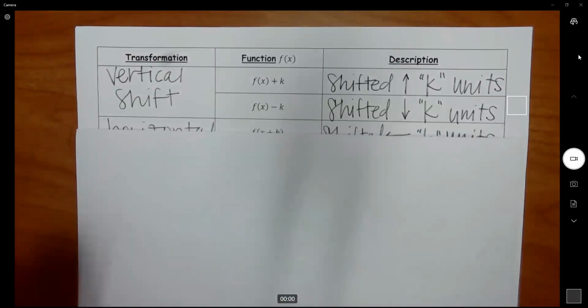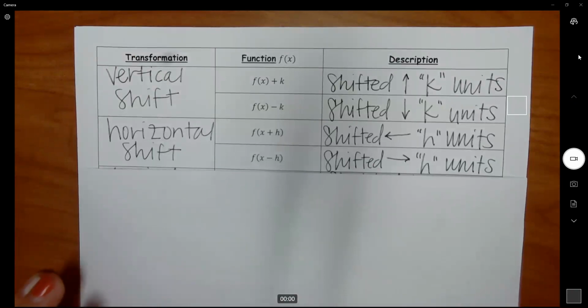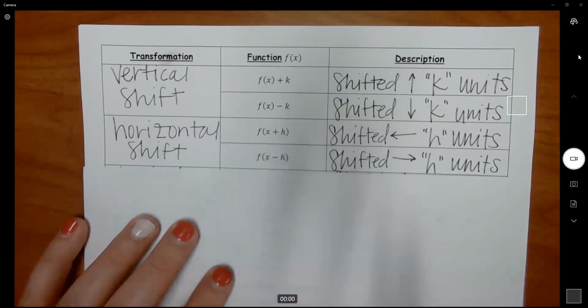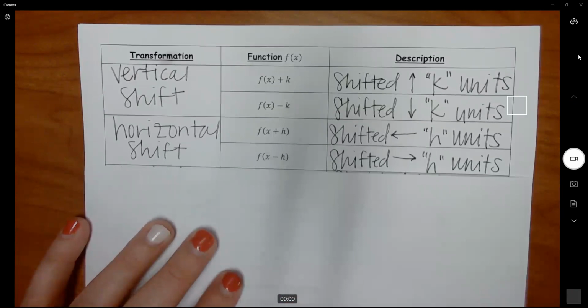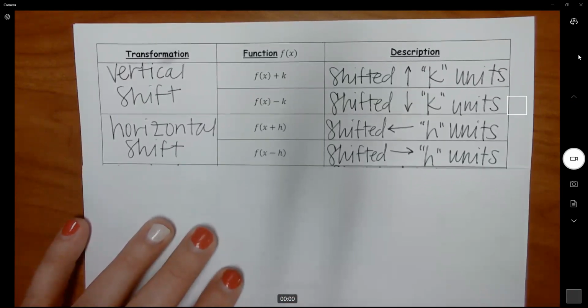Okay, on 3 and 4 of the Explore, you should have had some horizontal shifts. Horizontal shifts is when you add or subtract an h in the middle of that function. Now you have to think of these as moving opposite ways.